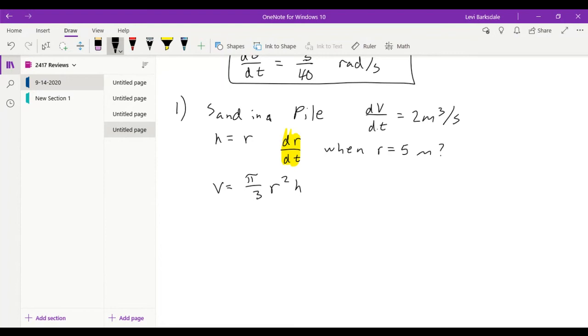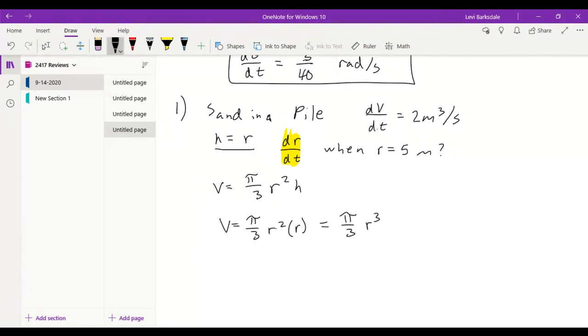So we need to get this h out of our equation. We do that using this, h is equal to r. So if we just make a substitution, we just replace our h with r. So then our equation that we actually want to take derivative of is v equals pi over 3 times r cubed.